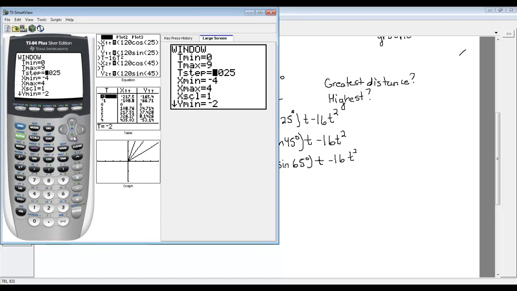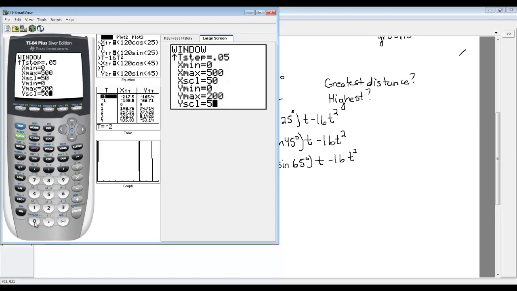And then let's do 0.05. Alright, then X-min is going to be 0. X-max, let's put it at 500. And let's vary by 50. Then Y-min, 0. Y-max, let's put 200. And we'll vary at 50. See what happens if I do that.